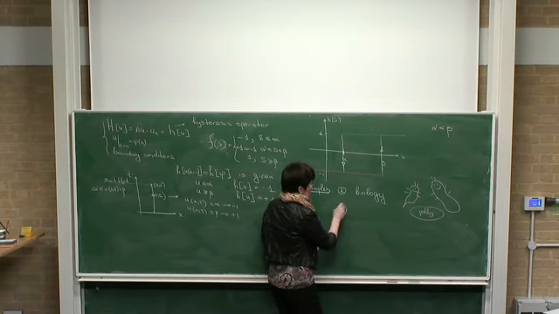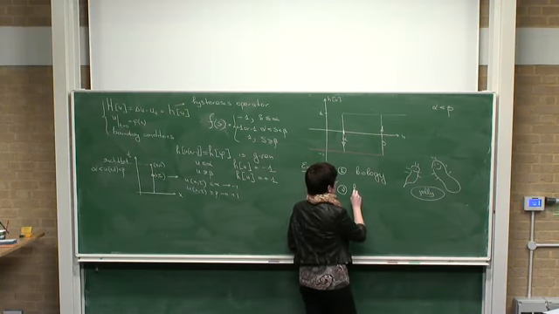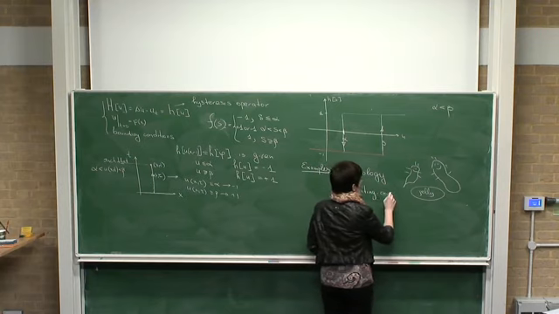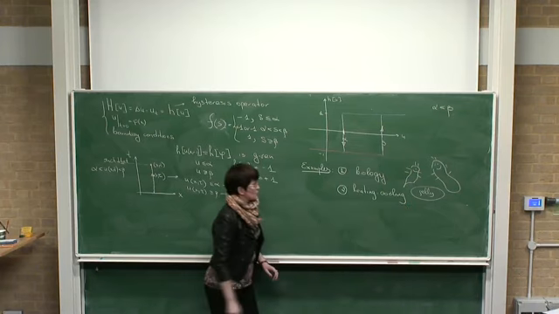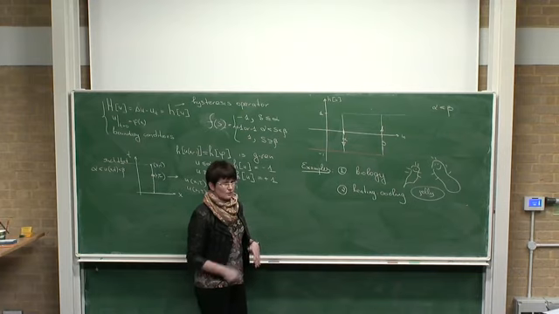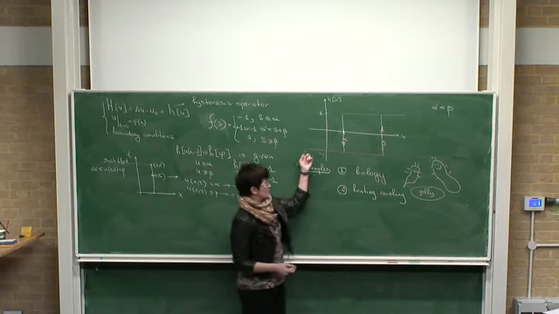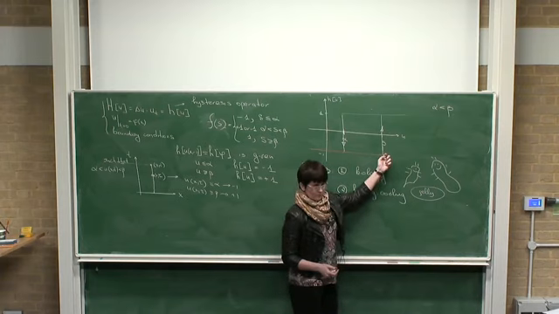The second example, which is probably even clearer, is so-called heating and cooling. If the weather is not as terrible as outside, we turn our heater on, and the temperature increases until a certain level.